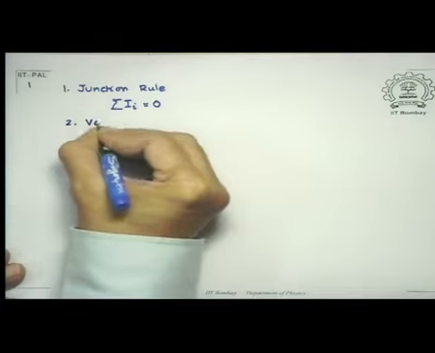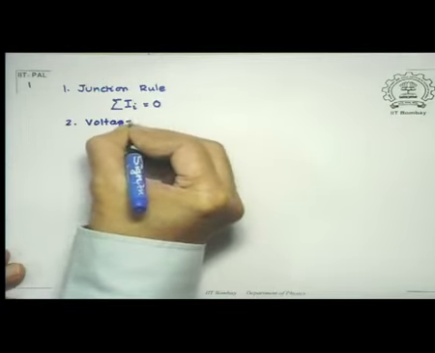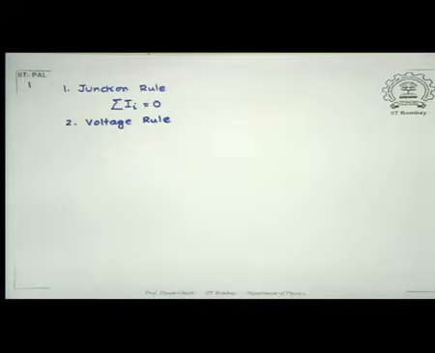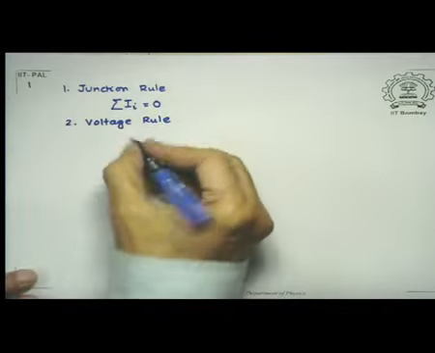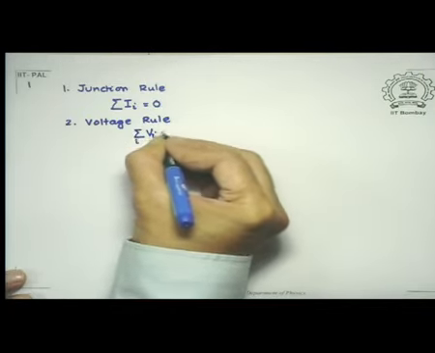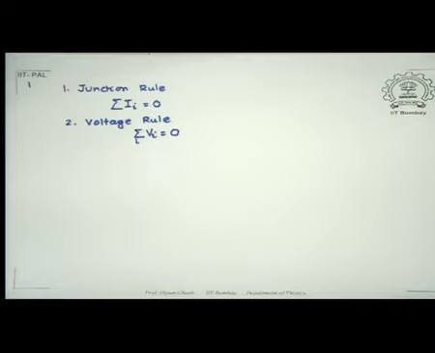And a similar rule, which is the voltage rule, says that if you go around any closed loop, then your net drop of the voltage is equal to 0. That is, you return back to the same point.